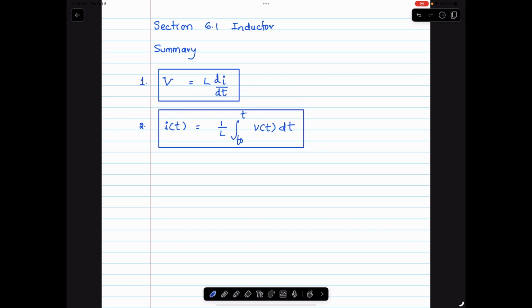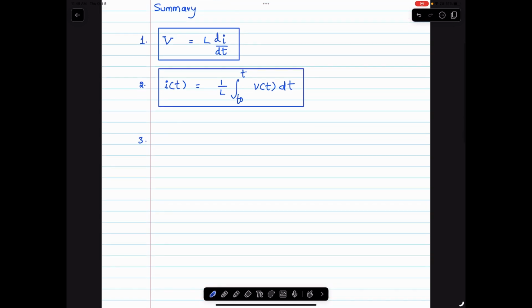Now, the third is about the energy stored in an inductor. Inductors and capacitors can store energy.